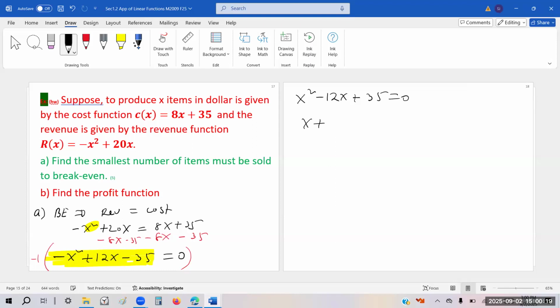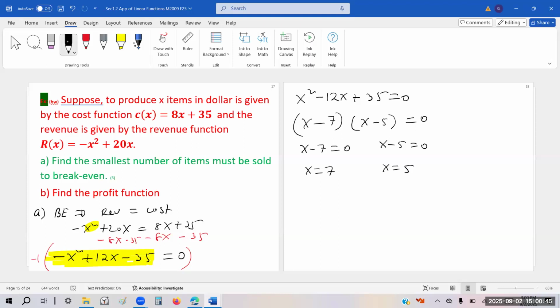That gives us two numbers multiplied to 35 and combined to negative 12: negative 5, negative 7. And since their product has to be 0, one of them definitely has to be 0. We don't know which one, so we set both of them equal to 0. That tells us x is 7 and x is 5.